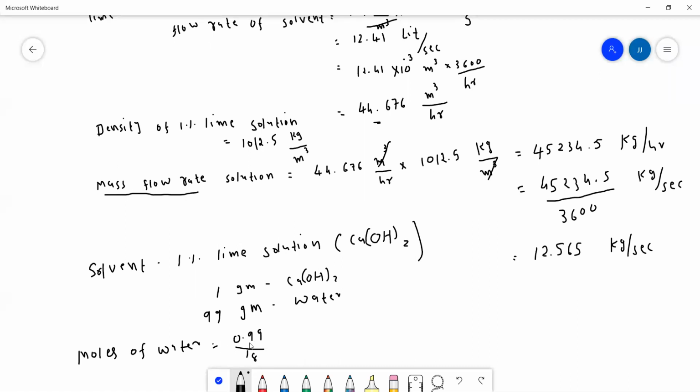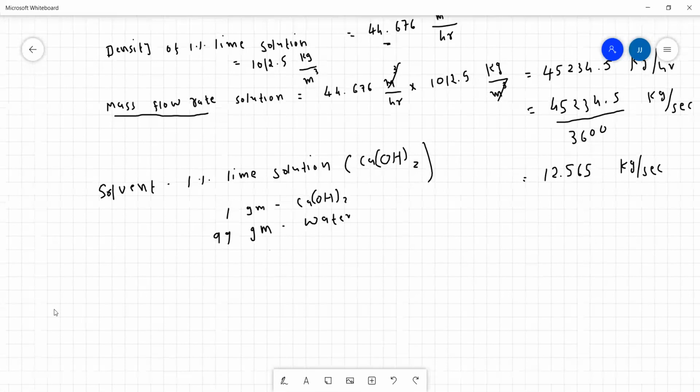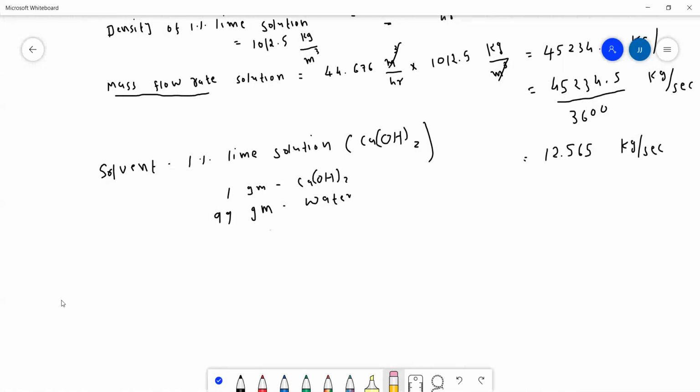Or simply, let's say I write the average molecular weight directly, which is equal to 0.99 divided by 18.